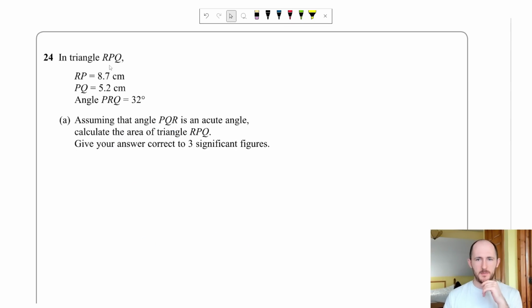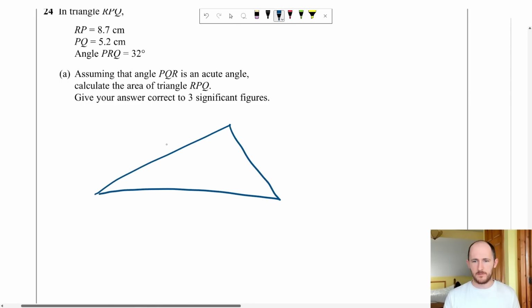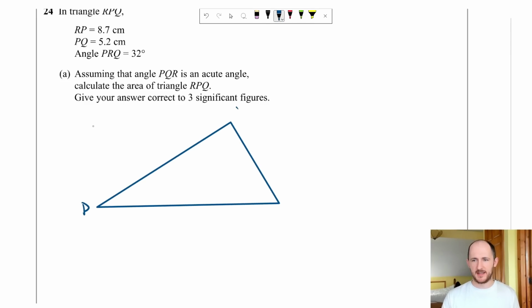So in triangle RPQ, they give us a few dimensions, but they don't really show us anything. And it says, assuming that PQR is an acute angle. Okay, so if PQR is an acute angle, here's how I'm going to draw this. If I label this as P, Q, and R, then PRQ is going to be this angle here.